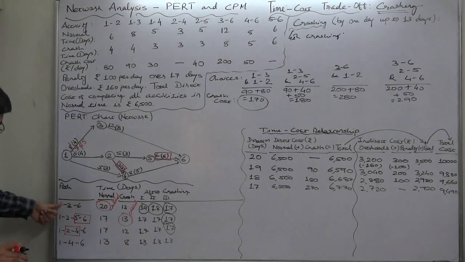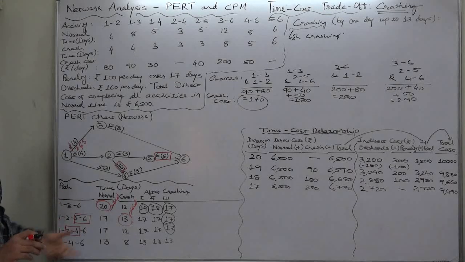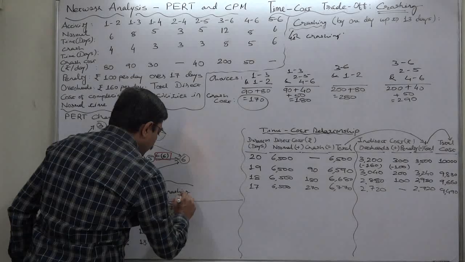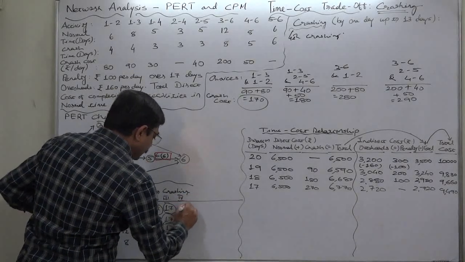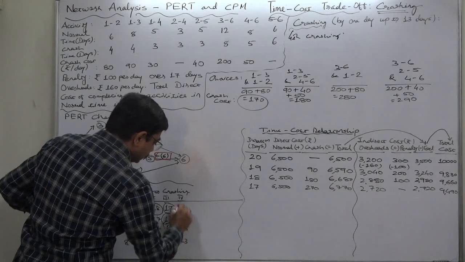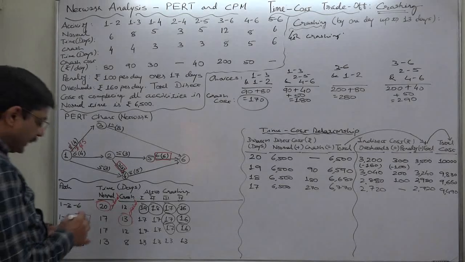So the duration of all the 3 critical paths can be reduced by 1 day, and after the 4th crashing these three will have a duration of 16 days. Again we have three critical paths with a duration of 16 days.